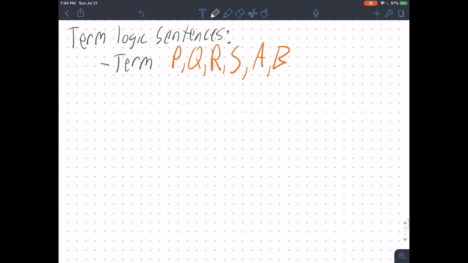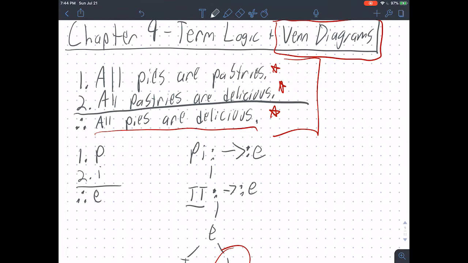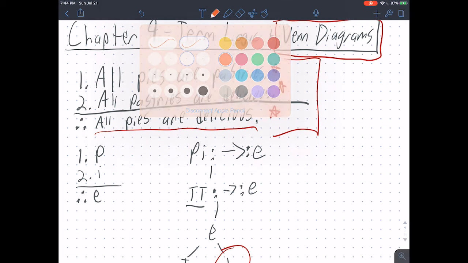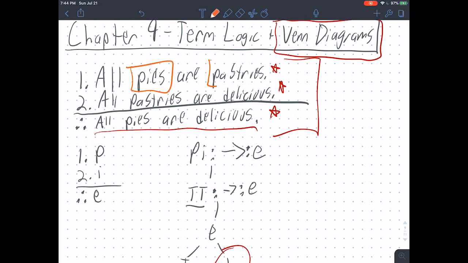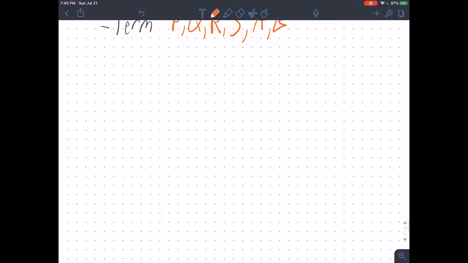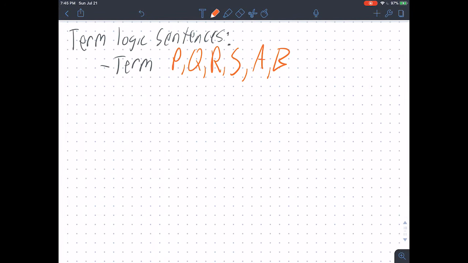If we look up at our pie argument, the terms are pies, pastries, and delicious. Pies isn't a statement; that's not the sort of thing that can be true or false. If you just say the word pies, you haven't said anything that can be true or false. So terms are components of statements, parts of the internal structure of a statement.